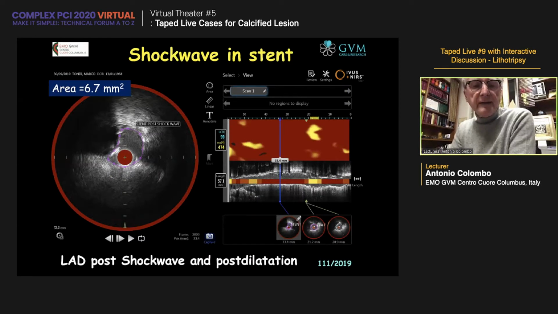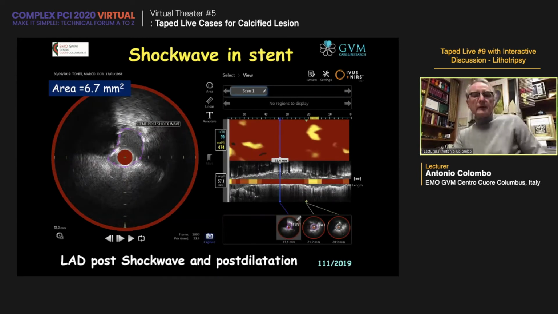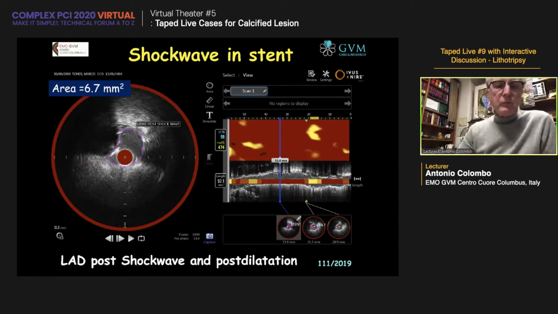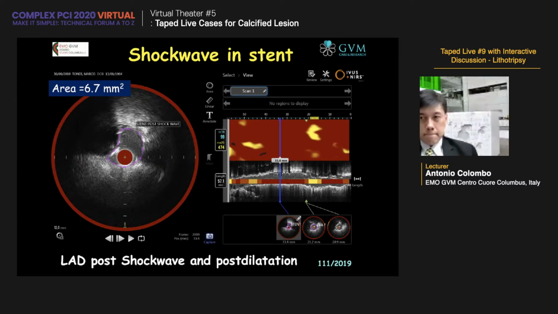Shockwave was done in the stent, and you see an improvement, no question. We go from an area of 4.5 square millimeters to an area of 6.7, but we cannot achieve a round symmetric expansion because the calcium is focal.